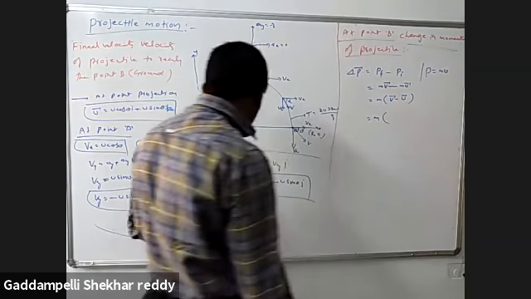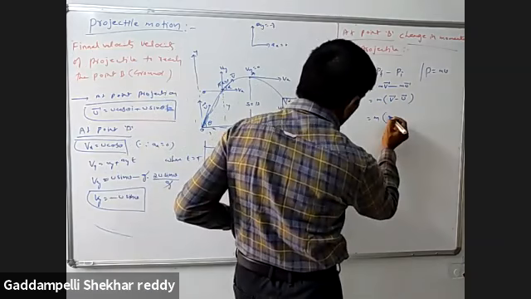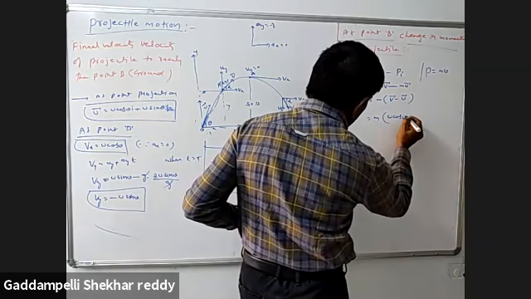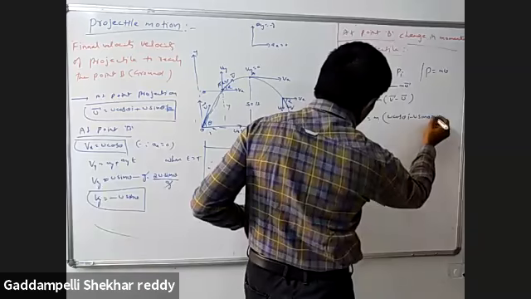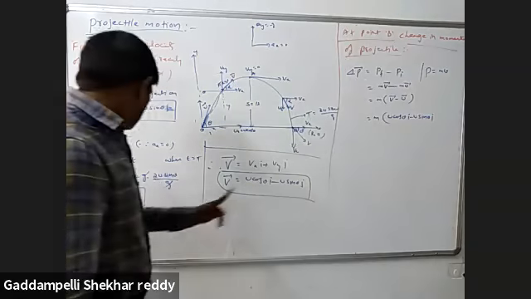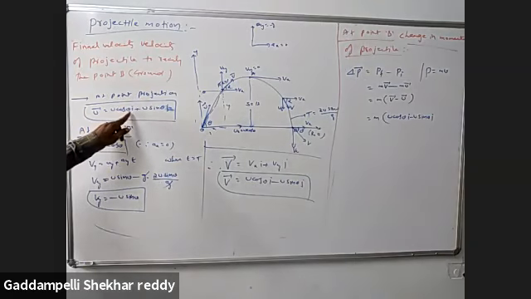What is the v bar? Final velocity is u cos theta i minus u sin theta j. So initial velocity means minus u cos theta.